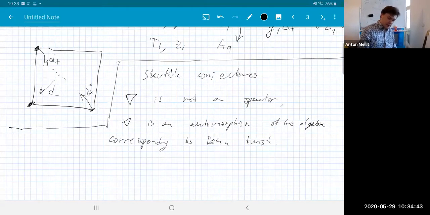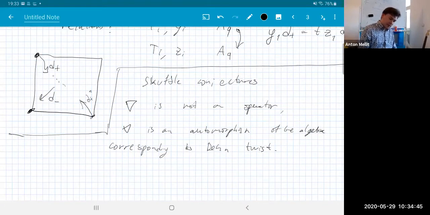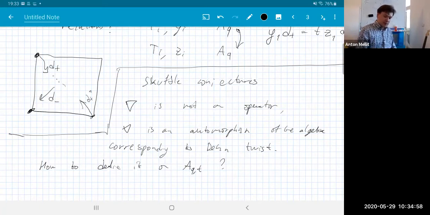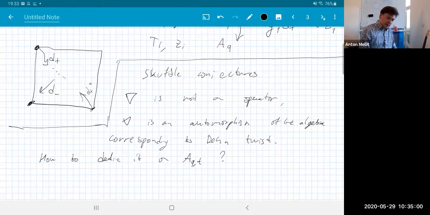And then once you have this idea, you very quickly see how to define it on AQT. It depends which Dehn twist you have to pick. So Z1 goes to Z1.